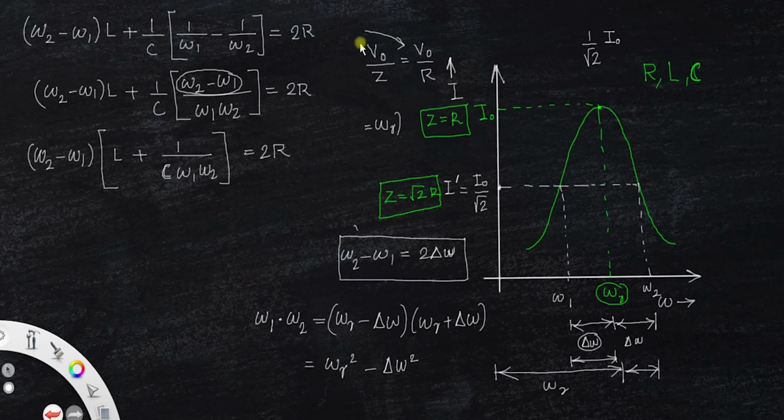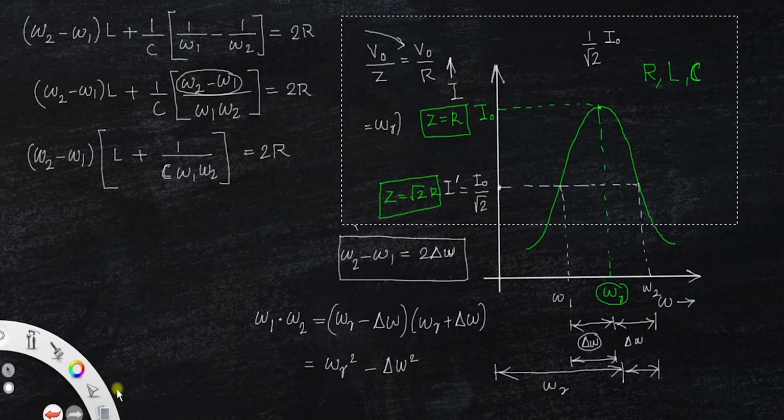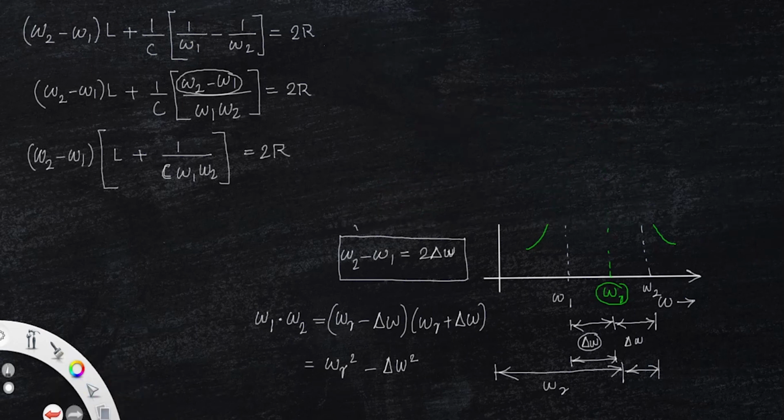See, delta omega is very small, so delta omega square you can approximate to 0. So omega 1 into omega 2 is equal to omega r square.